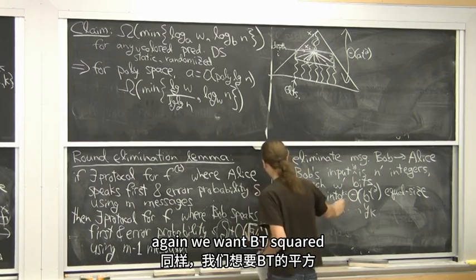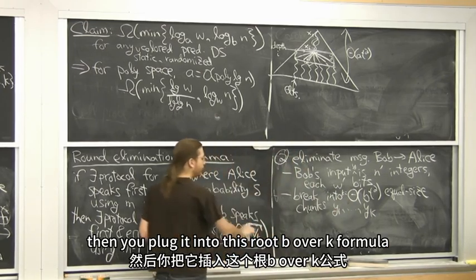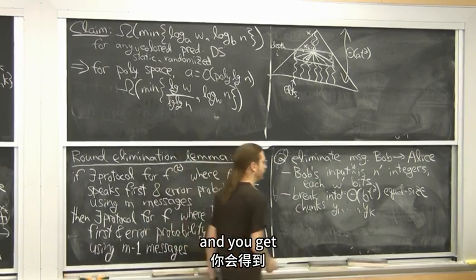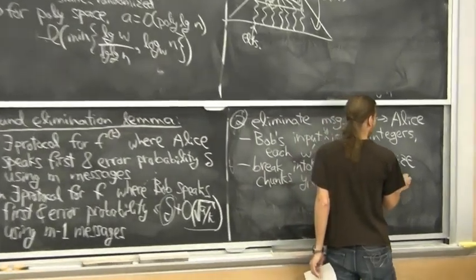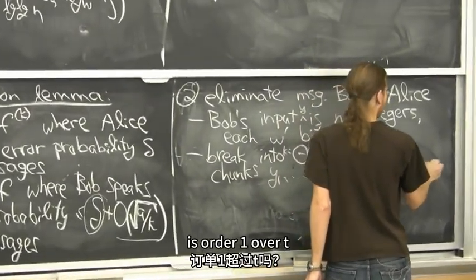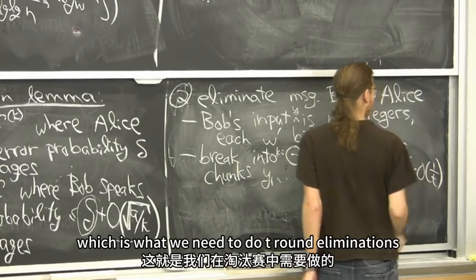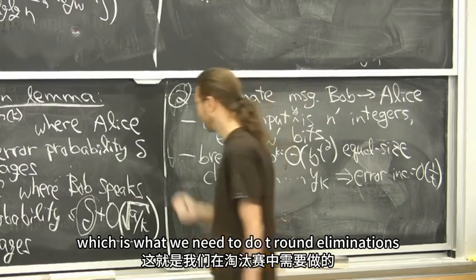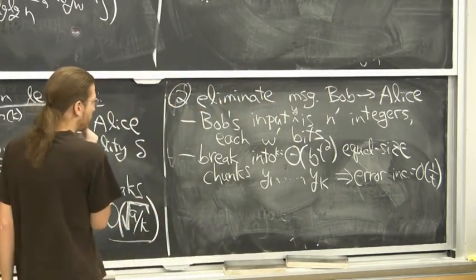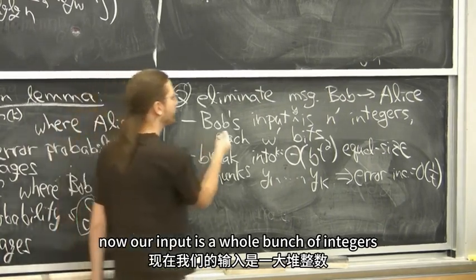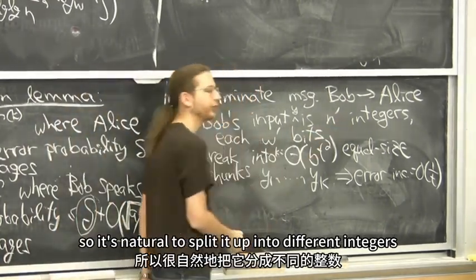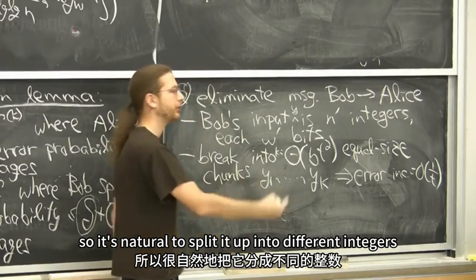Again, we want bt squared because then you plug it into this root b over k formula, and you get that the error increase is order 1 over t, which is what we need to do t round eliminations. So now, before our input was a single word, now our input is a whole bunch of integers. So it's natural to split it up into different integers.